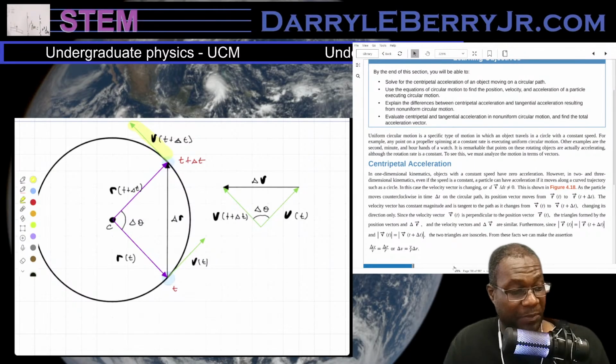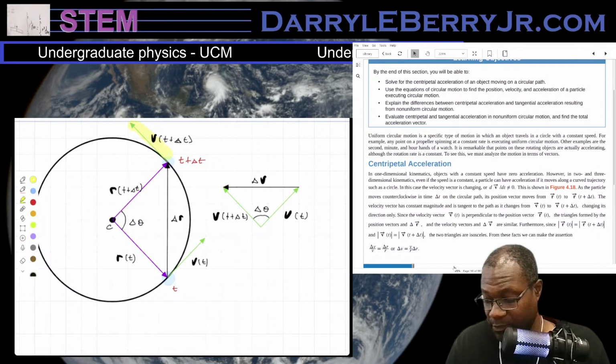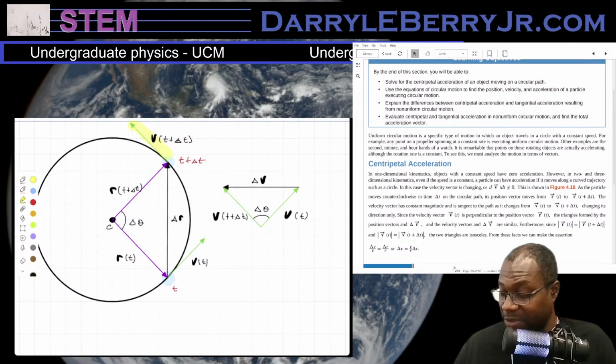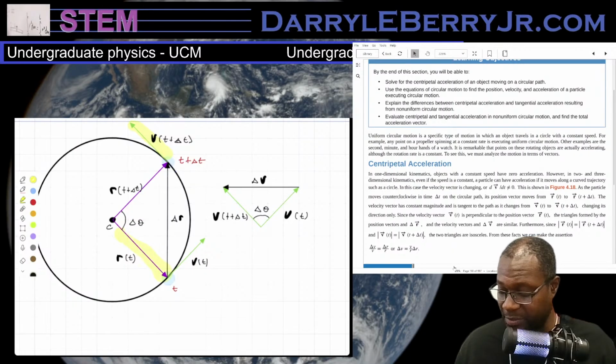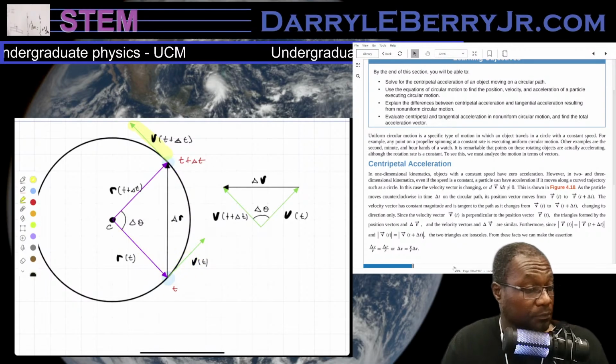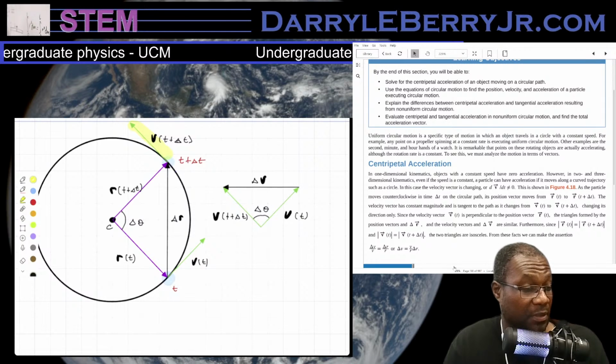Since the velocity vector is perpendicular to the position vector, as we see here, the velocity vector is coming out, the position vector is coming out, the velocity vector is perpendicular. The triangles formed by the position vectors and the velocity vectors are similar.